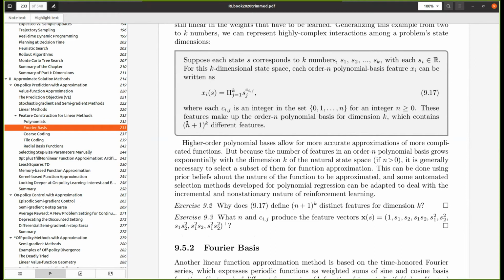We have n plus 1 numbers for a power, so it can be from 0 up to n inclusive, and we can have k choices for that power.